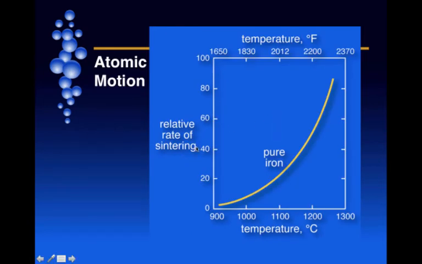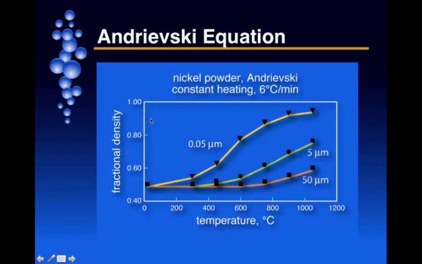If you follow the rate of sintering for pure iron, and you plot that rate of sintering as a function of temperature, you can see that as you raise the temperature, the rate of sintering keeps increasing. Another parameter that is important is particle size. The Andreevsky equation is useful in following this aspect.